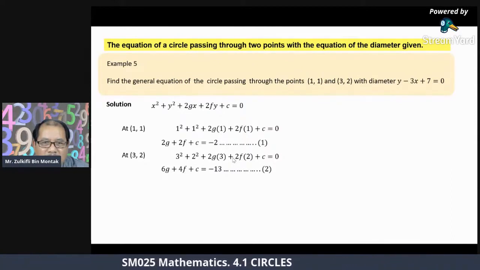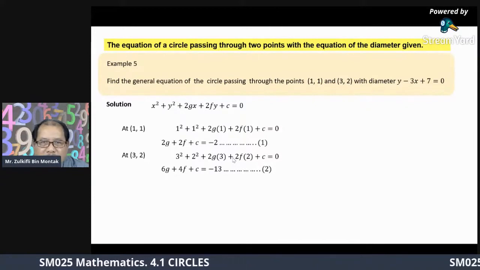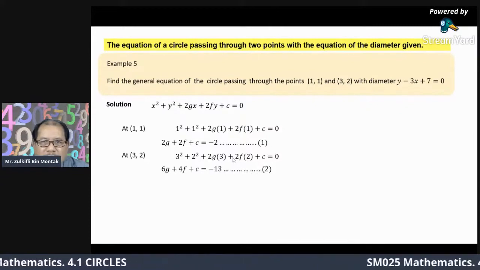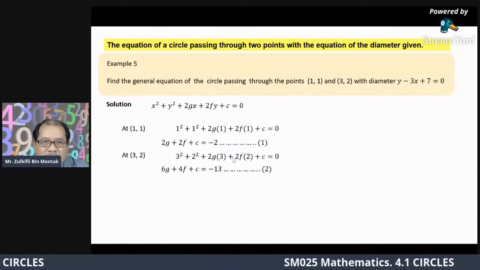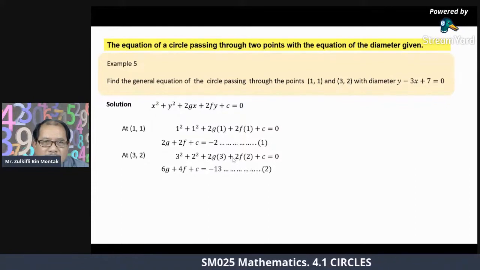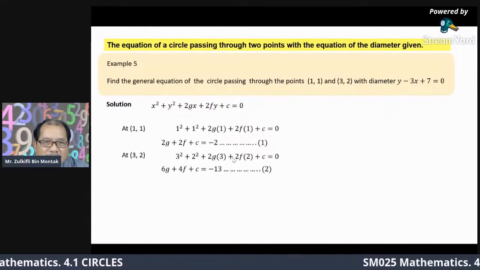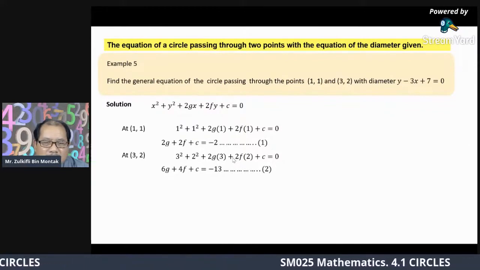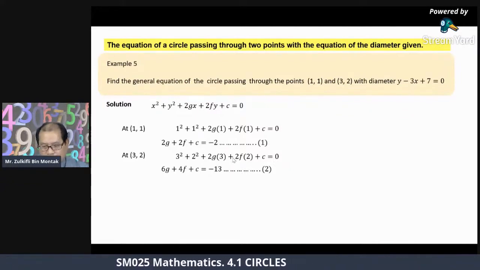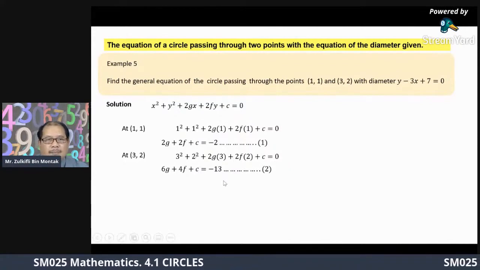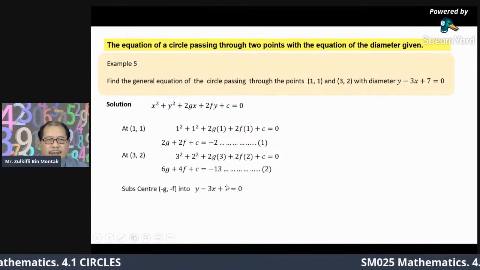So next, to find another equation, we substitute the center of this circle, because we use the general form. The center is negative g, negative f.